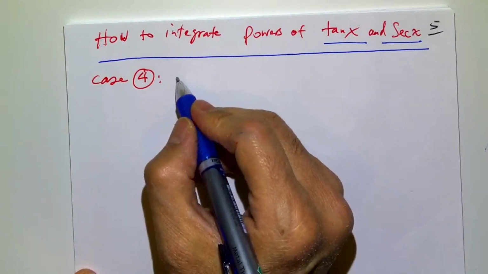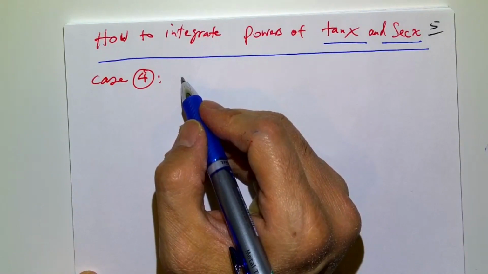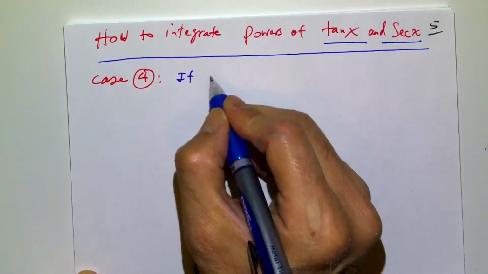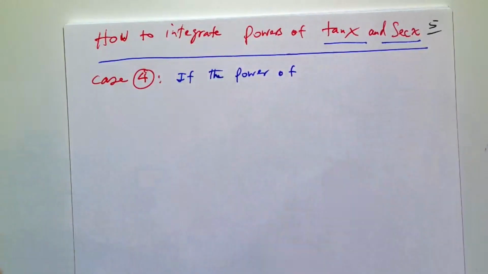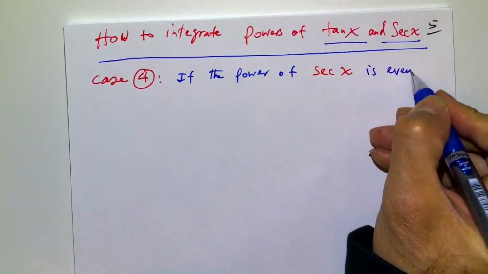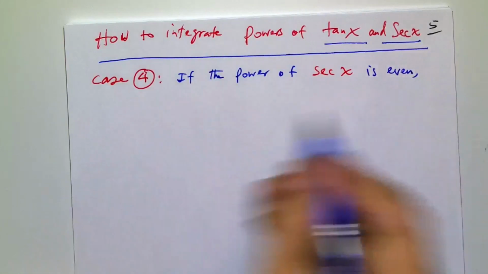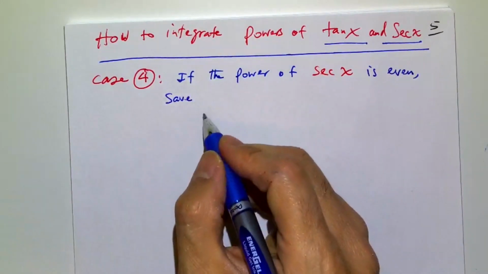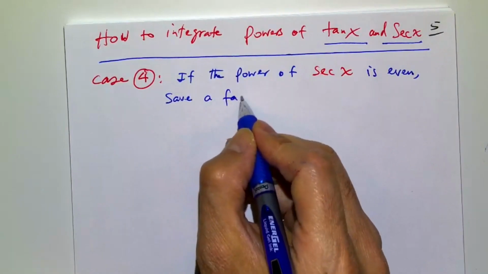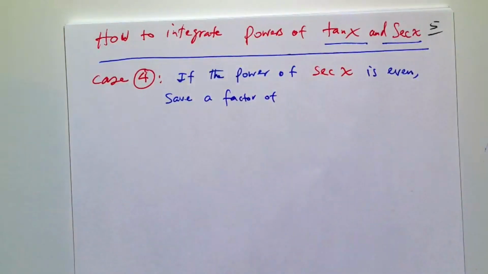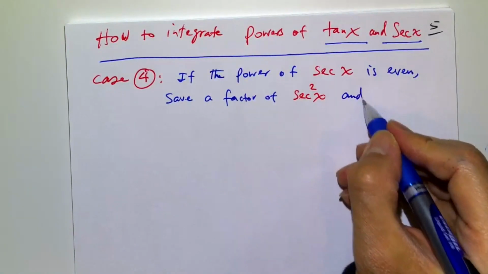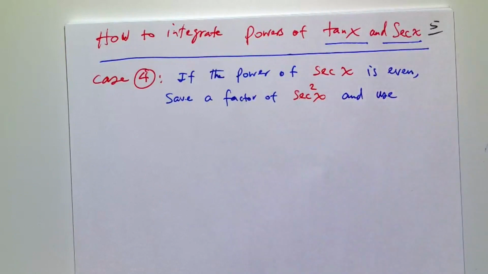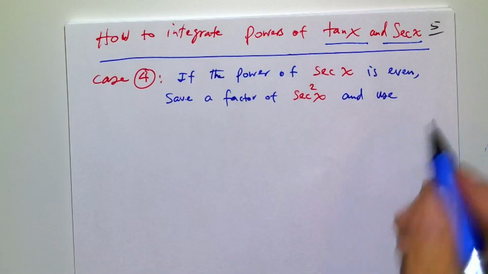Case 4, if the power of secant x is even, then we want to save a factor of secant squared x and use the other squared identities we have from trigonometry.